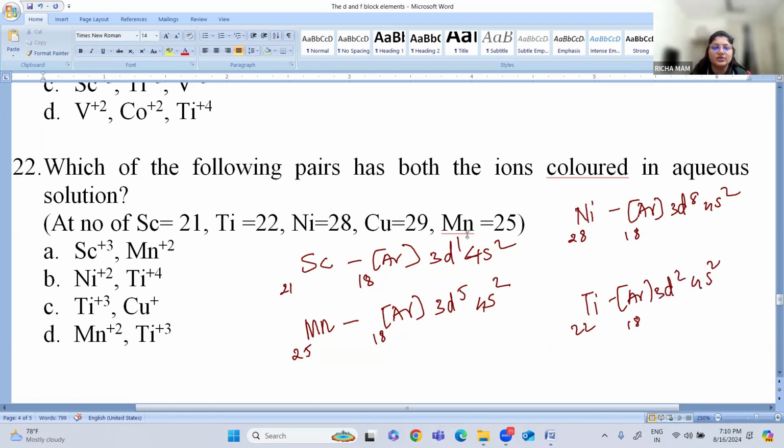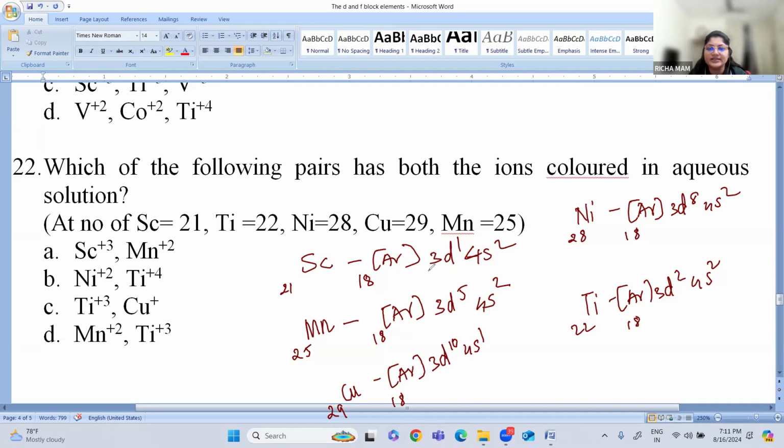Then you have titanium +3; titanium +4 is also there. Here also I'll write. Then copper. Copper is 29, so it is argon 18, 3d10 and 4s1. Okay, so let us write now. Scandium in its +3 state, it will be what?